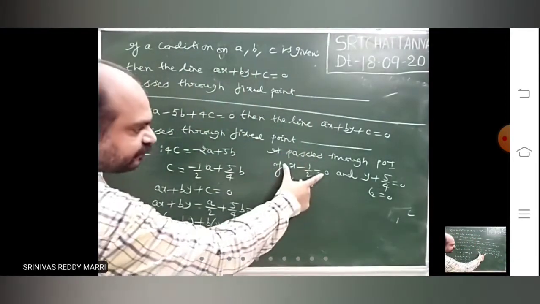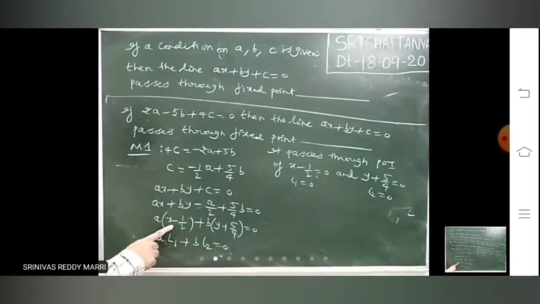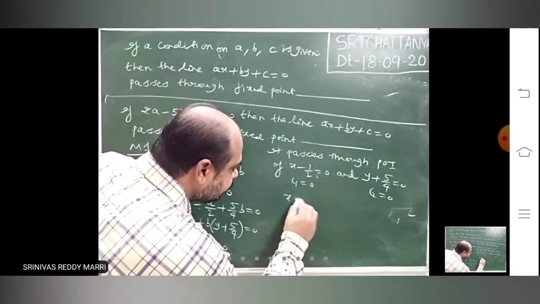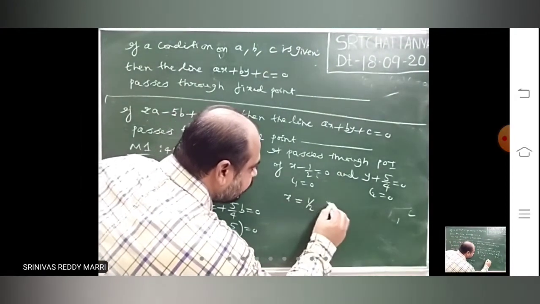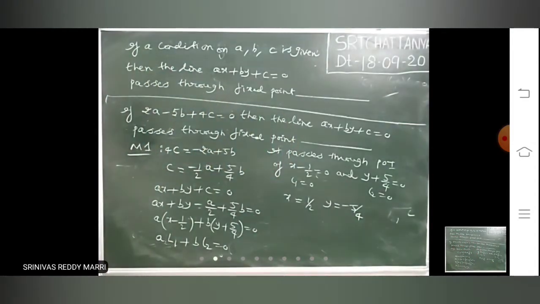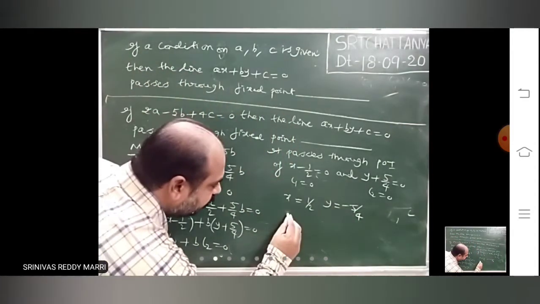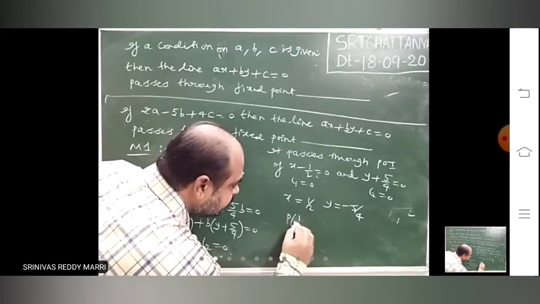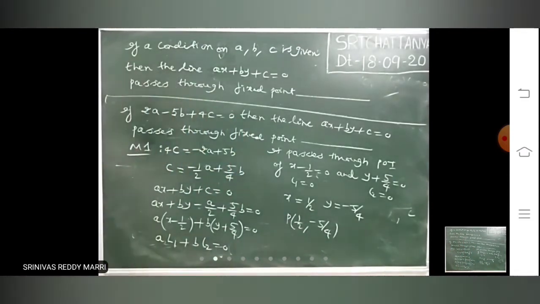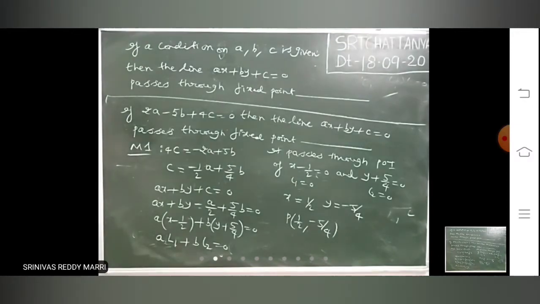This line represents a line passing through the point of intersection of L1 equal to 0 and L2 equal to 0. Solve these, and directly you will get x equal to 1 by 2, y equal to minus 1 by 4. Therefore, it passes through the fixed point 1 by 2 comma minus 1 by 4.